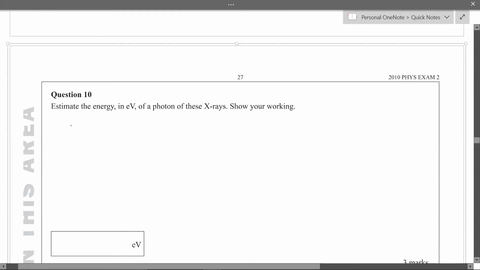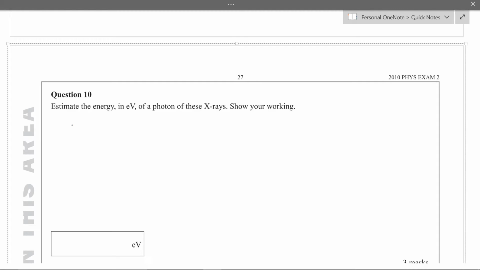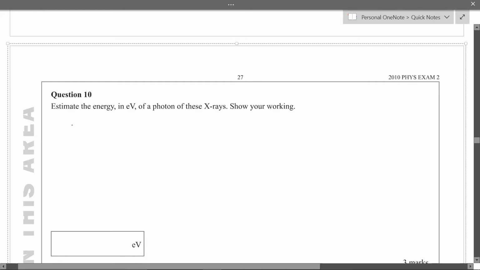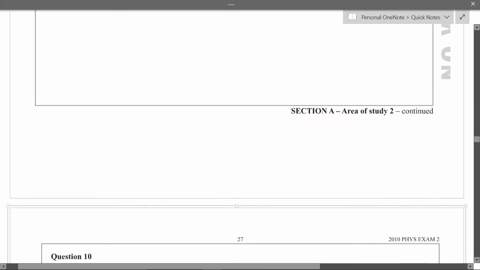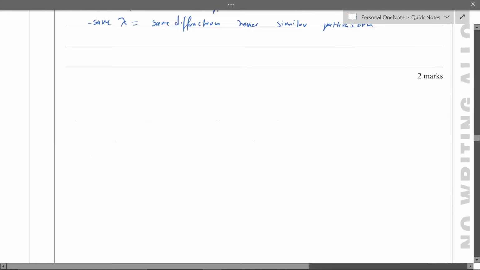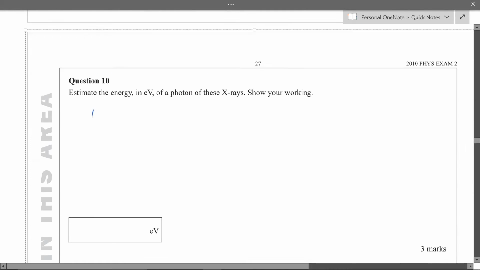So, the two things we have are the energy of the X-ray and the energy of the electrons. E equals hc on lambda, that's for the X-rays, and the other one is, oh, we'll just work with the electrons to find lambda.